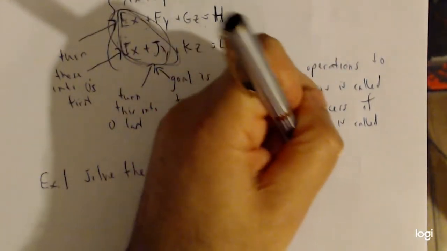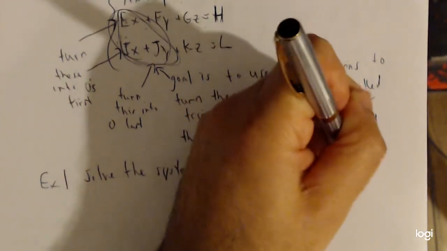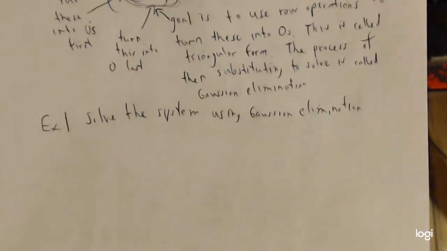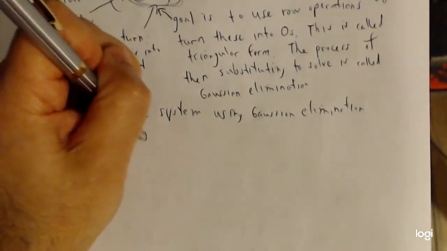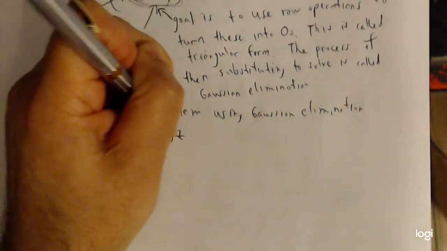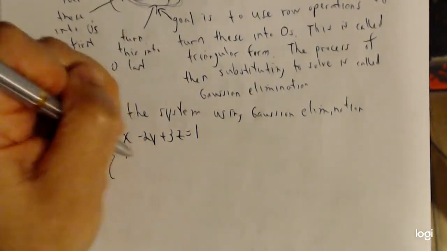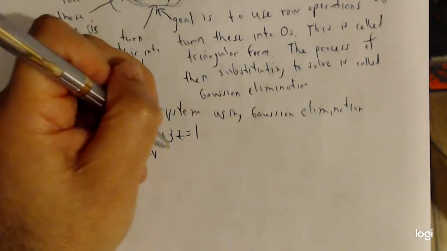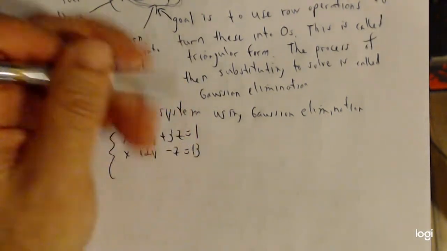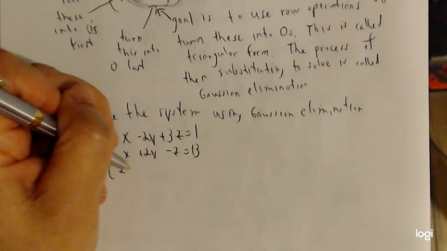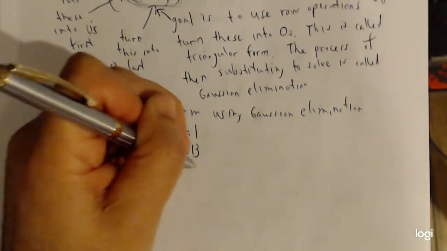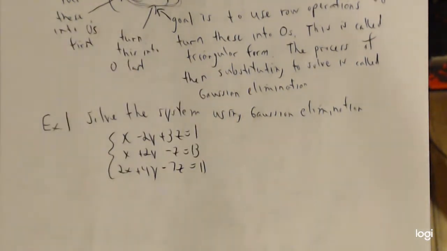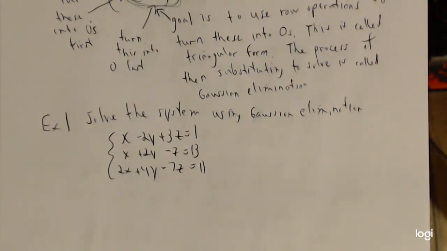So now that we have this right here, my system is x minus 2y plus 3z equals 1, x plus 2y minus z equals 13, and lastly we have 2x plus 4y minus 7z equals 11. So now what we're trying to do here is solve this system.